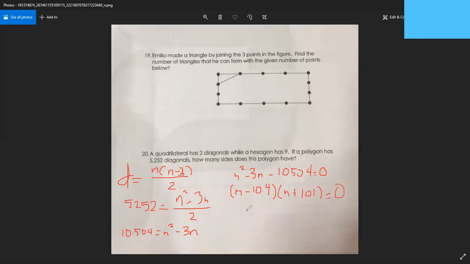So you get the factors of that one. Very obvious now, n is equal to 104 and n is equal to negative 101. In this way, we can already identify that the value of n is 104. So that is the only way on how to solve item number 20.